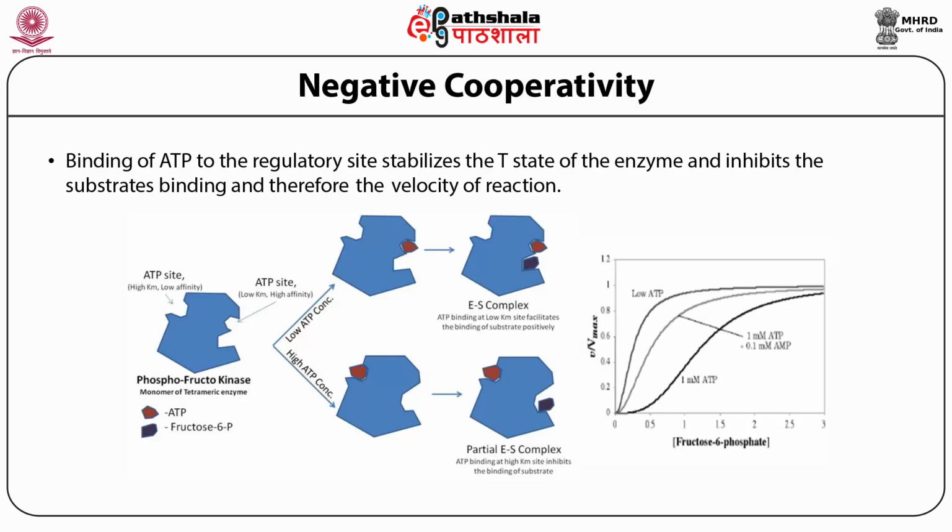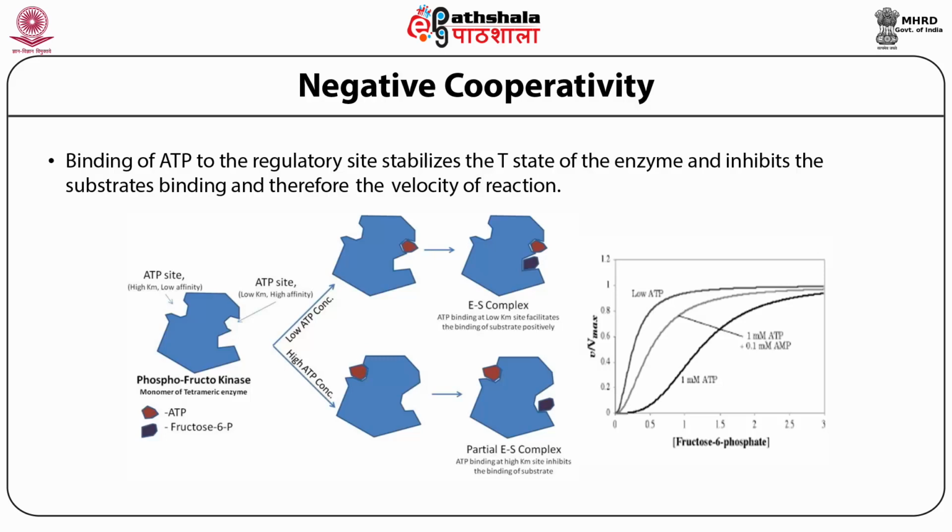So at low ATP concentration, it will bind to the low Km, high affinity active site, and then it brings the structural change in such a way that the substrate can come and bind and form the enzyme-substrate complex, as shown in the upper panel, and then the reaction can occur easily.